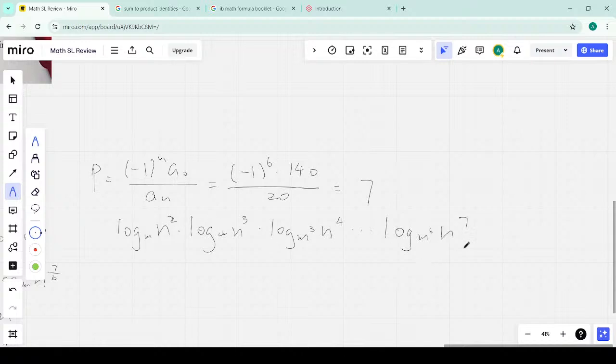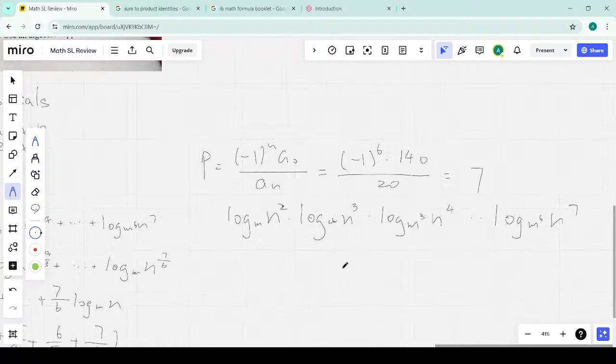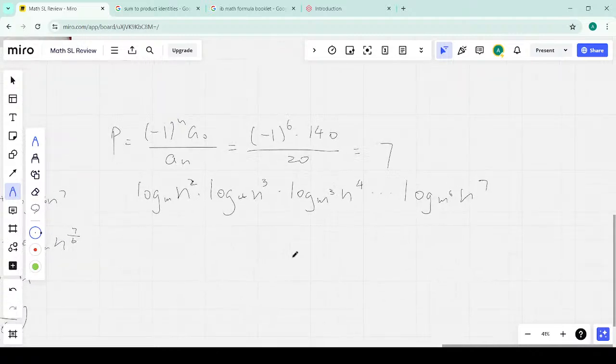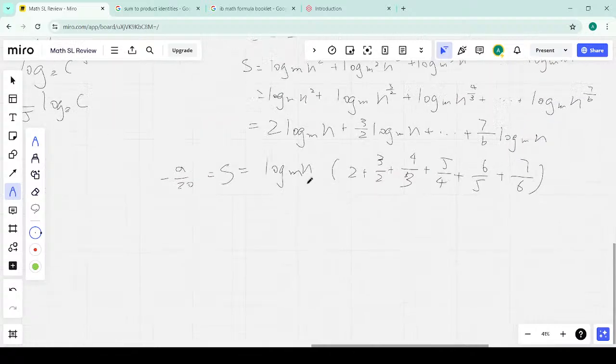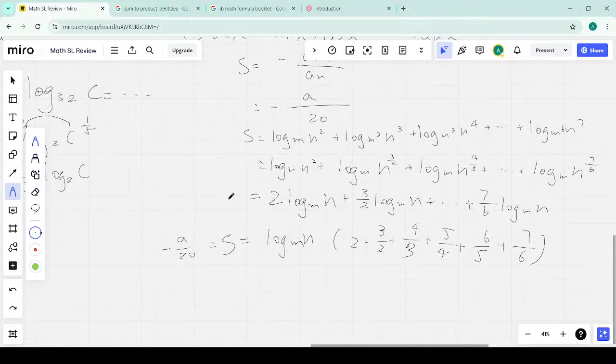And you basically do the same thing. You represent these all as log mn. You can solve for log mn using this, because you know that the product of the roots is 7. You sub back in for log mn, and you solve for negative a over 20. That's pretty much it for this question.